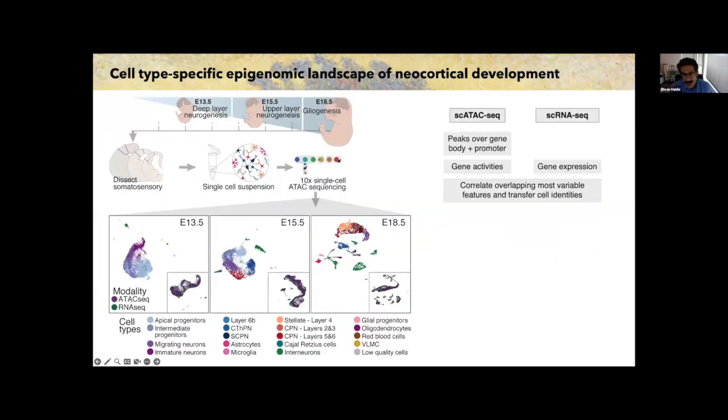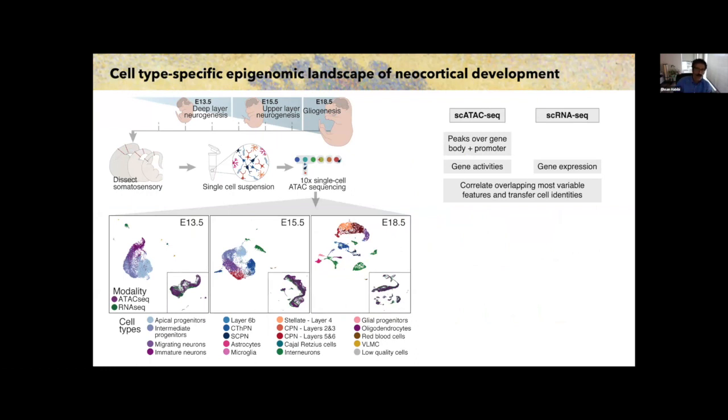This is nice. This is transcriptional data, but when you're talking about transcriptional data, you always expect that there is a regulatory process underlying it. So to gain more information about this regulatory process, driving all these transcriptional changes associated with this branching tree or lineage segregation, we used single cell ATAC-seq at different time points. These are three time points: E13, E15, and E18.5.